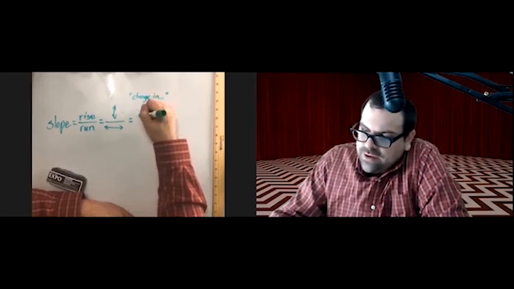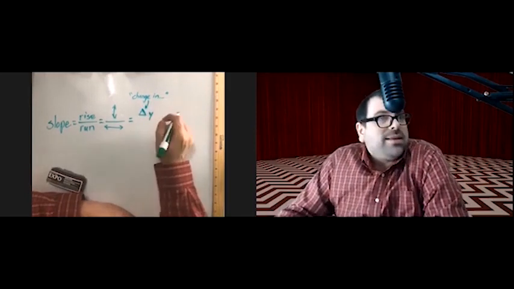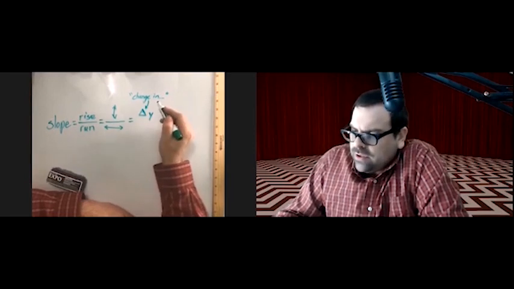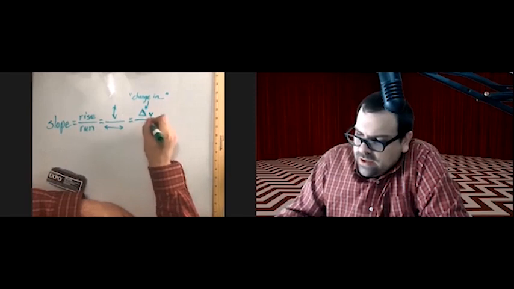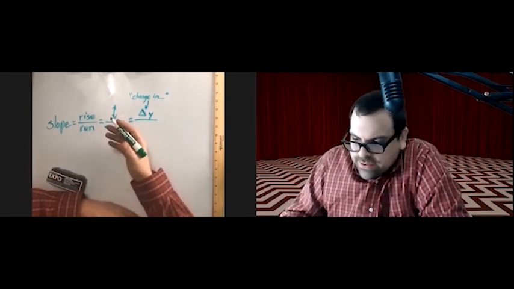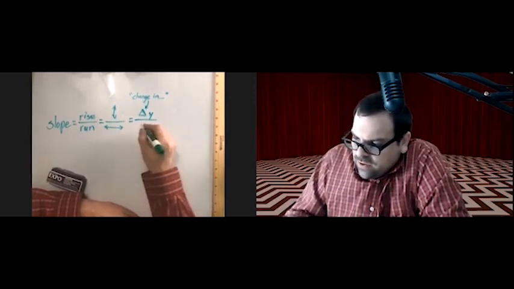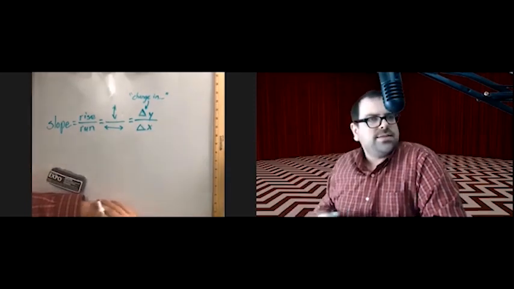And this Greek letter delta, this triangle, mathematically means change in. So how much we go up or down from one point to another, that would be our change in y. How much we go left or right, that's our x. So from one point to another, how much we go left or right would be the change in x.